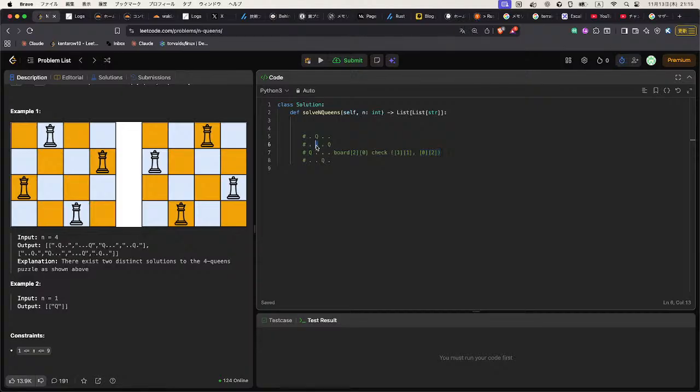That means here and here, right? And we don't have the queens on the line, so we can place, right? Think about this. This is also 3 positions to check, and here is good.